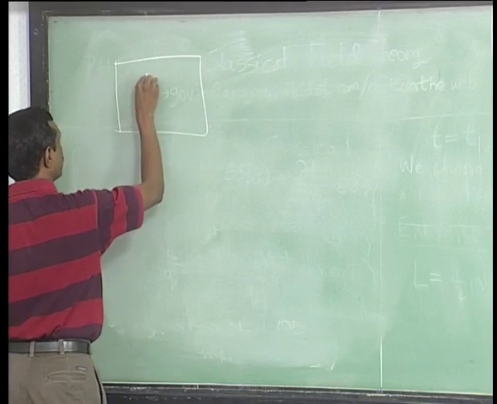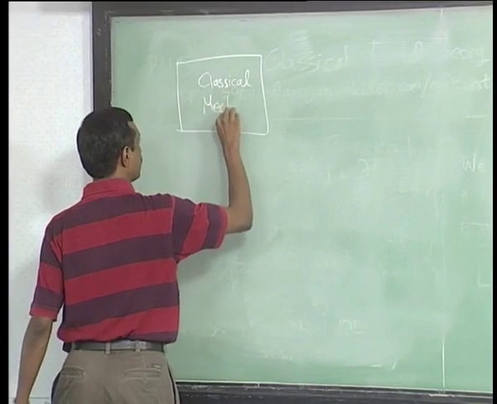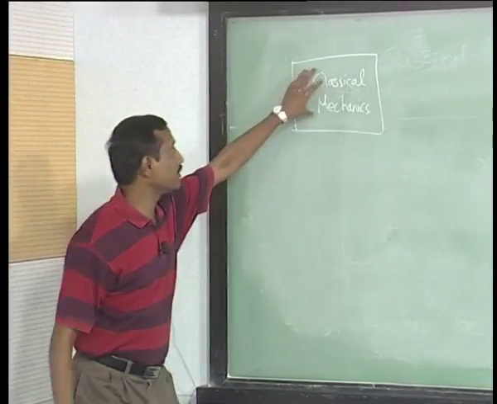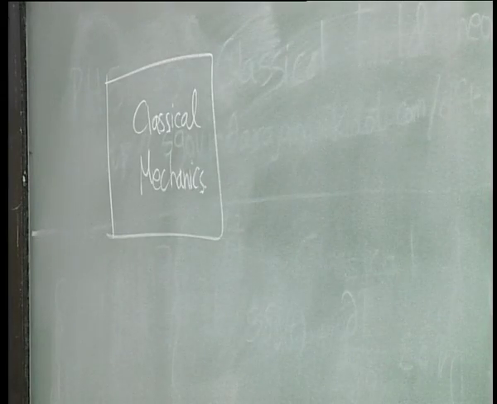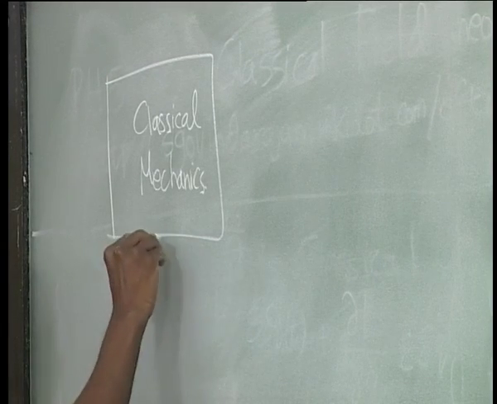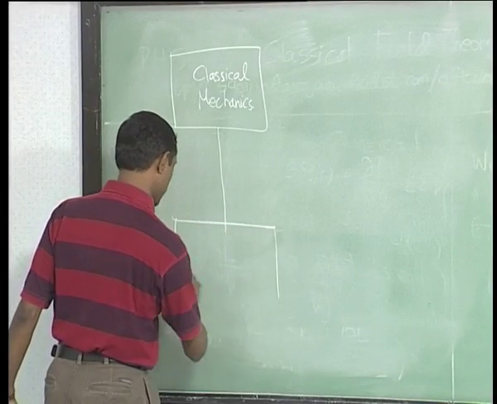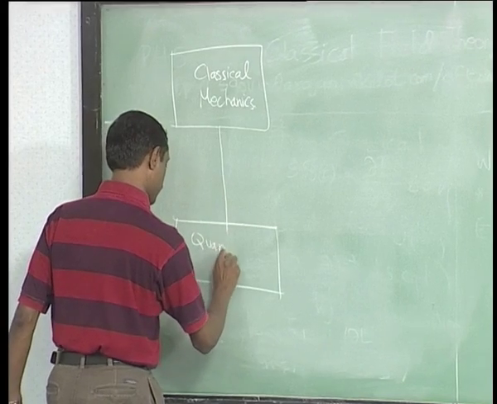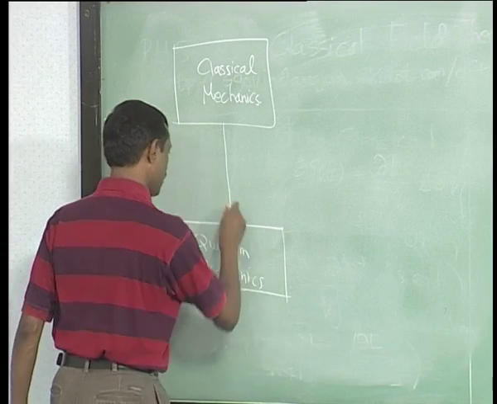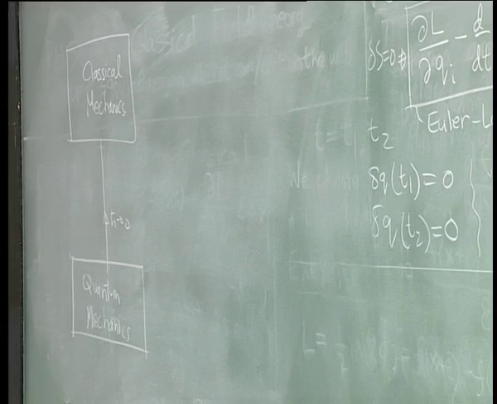So we saw classical mechanics, and there we saw that there was an action, and then the extrema of the action gave you the classical trajectory of the system, and in quantum mechanics all trajectories were sampled. So you get something like this, which we will call quantum mechanics. And we saw roughly that h bar tending to 0 gives you this, the arrow this way.